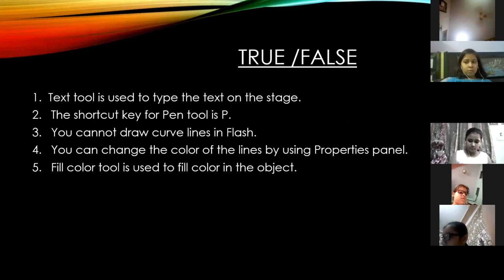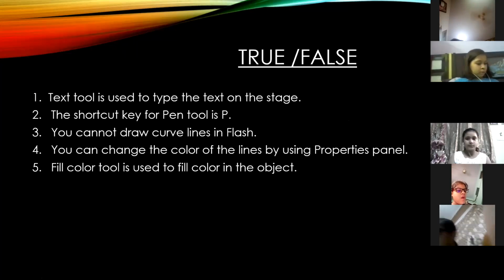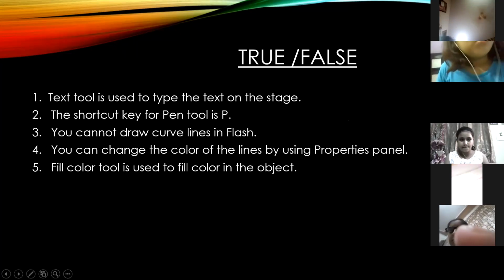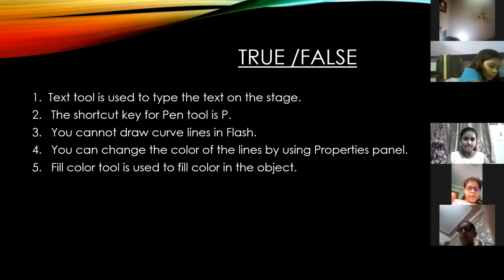Coming upon to the next exercise, that is true and false. So, Ayushi, will you answer the first statement? Text tool is used to type the text on the stage. Ma'am, true. It is true. Very good.